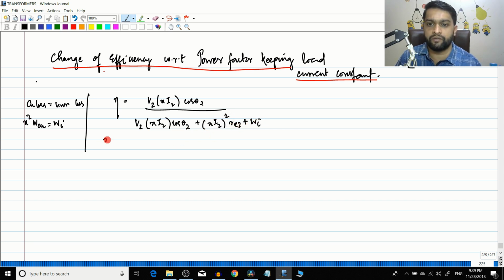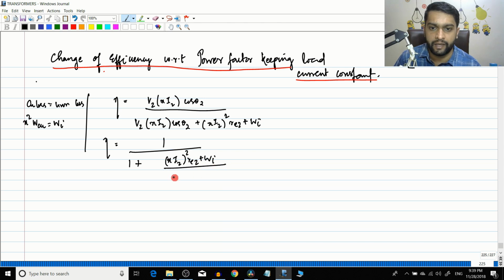So this is the basic efficiency equation. You can write it like this also: 1 divided by 1 plus (x square I2 square Re2 plus W_i) divided by V2 into xI2 into cos theta 2.